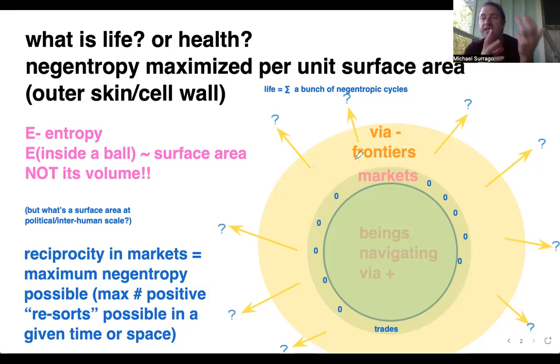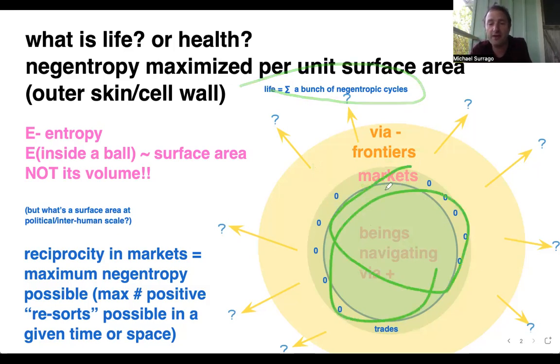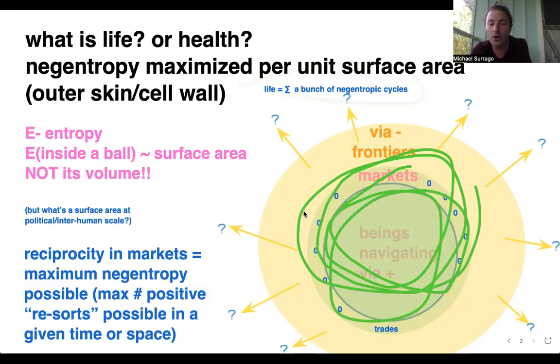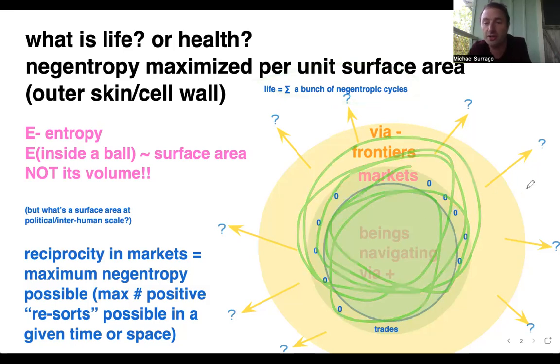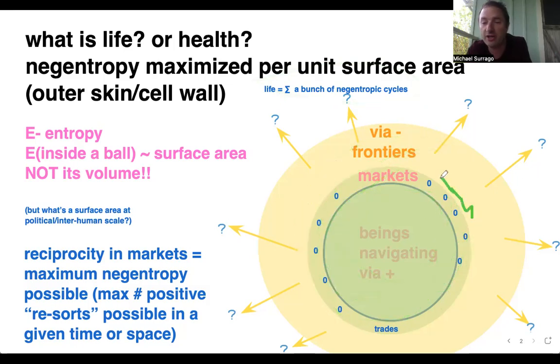Now, of course, even if your army takes a hit, your markets might still be resilient to a certain degree inside. But of course, if your army totally takes a hit, then entropy just comes in like gamma radiation, fries you, okay? So what life is, is everything inside, these markets where humans are interacting with frontiers. And this military layer is just this very thin layer that is surrounding our economy.